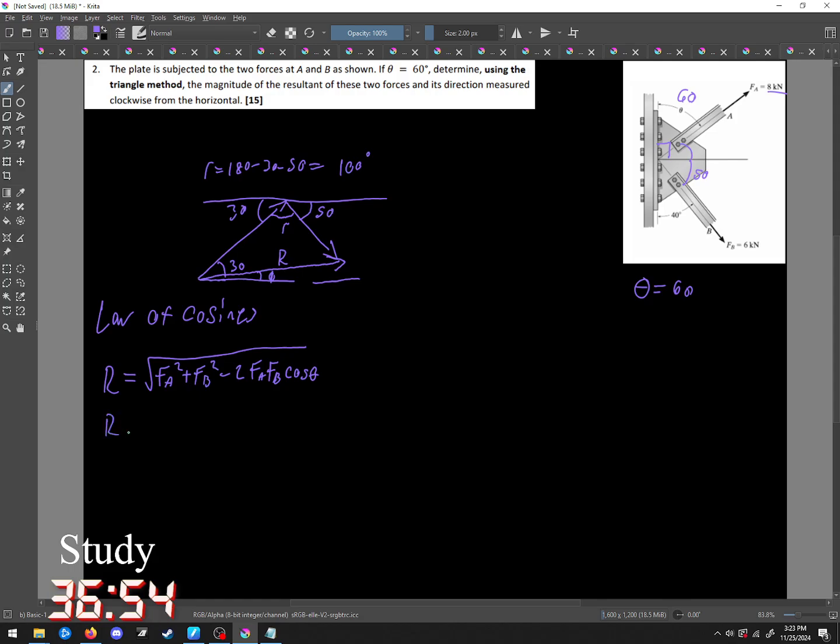So then R is going to be equal to the square root of 8 squared plus 6 squared minus 2 times 8 times 6 times cosine 100, which equals, let's see, I'm getting 10.8 kilonewtons.